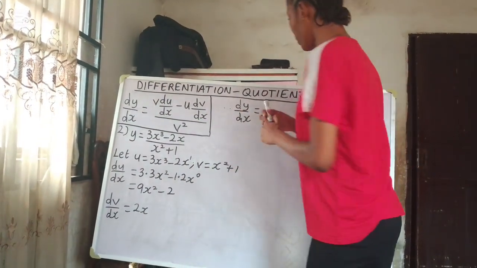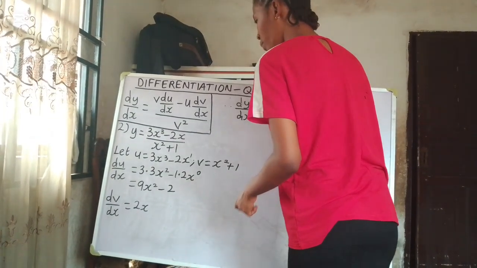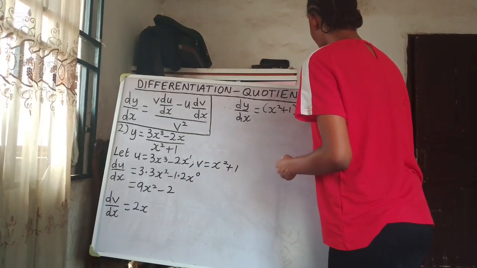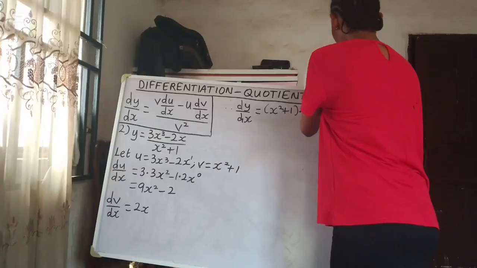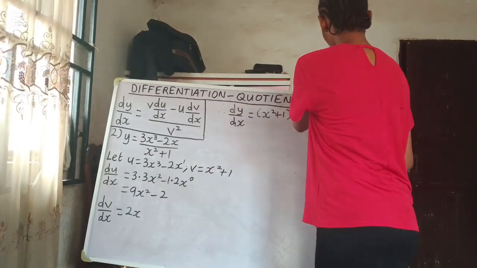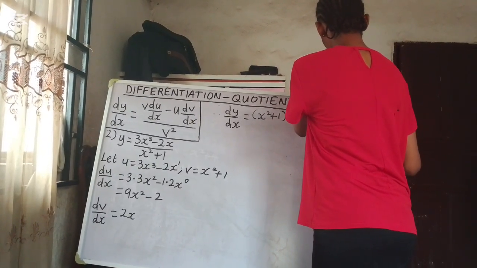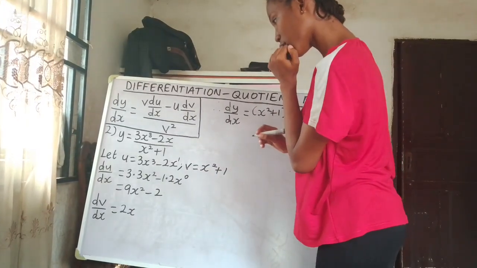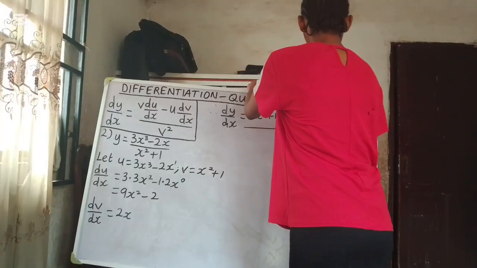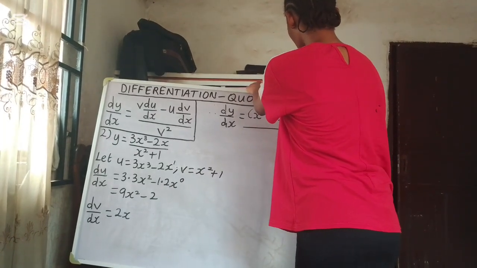Look at v, x squared plus 1, times du by dx, that's 9x squared minus 2, minus u, 3x cubed minus 2x, then times dv by dx, which is 2x, all over v squared, that is x squared plus 1 all squared.